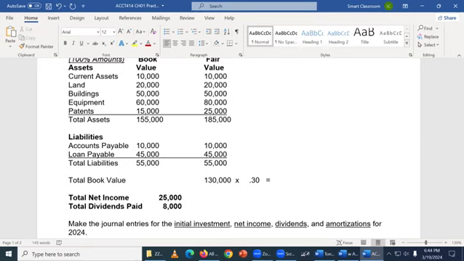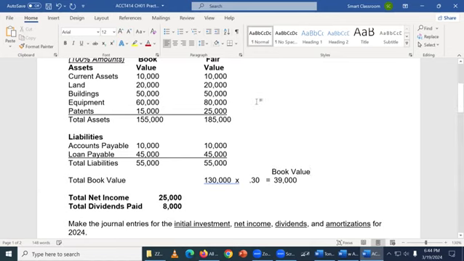Yeah, it's late. Okay, so this is the book value of our investment, 39,000.